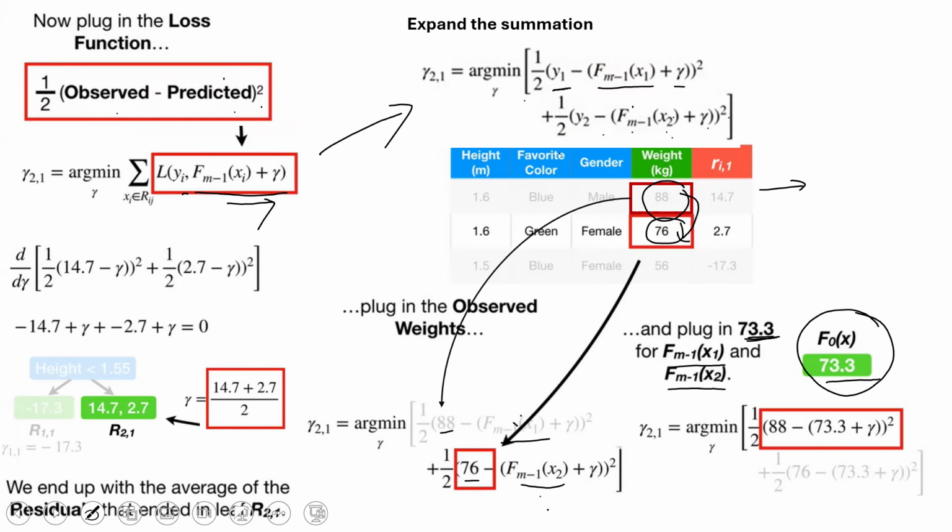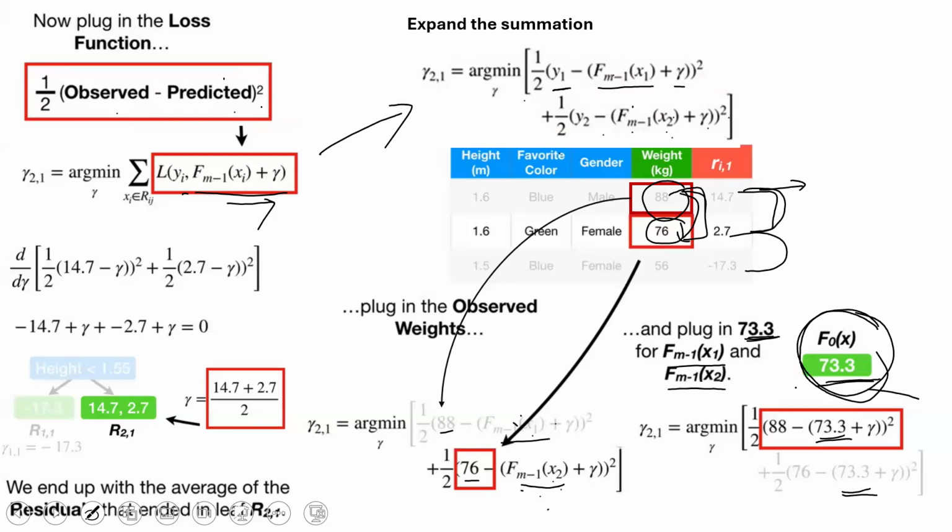In fact, for any sample, the first predicted value is 73.3, which is the average of all the values. So for x1 and x2, the previous value is always the same 73.3, and I'm replacing that value here.